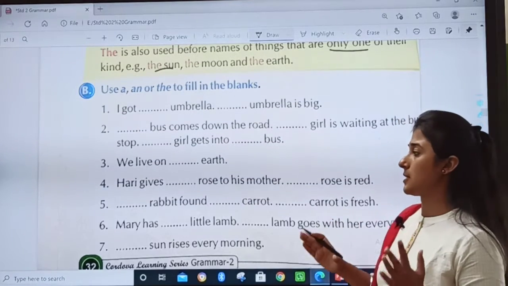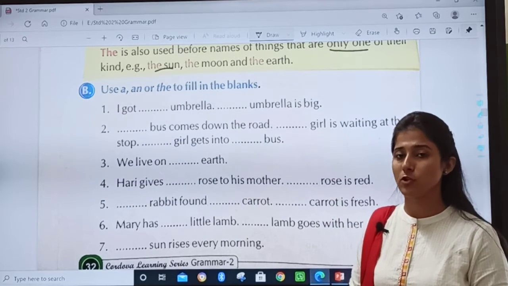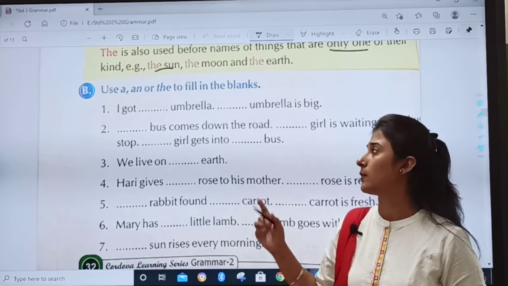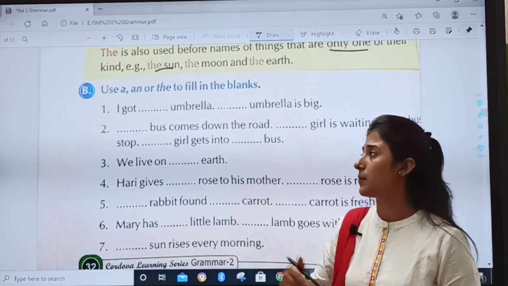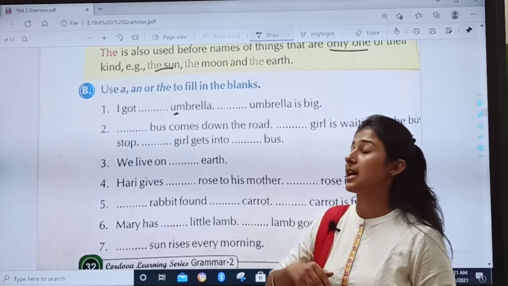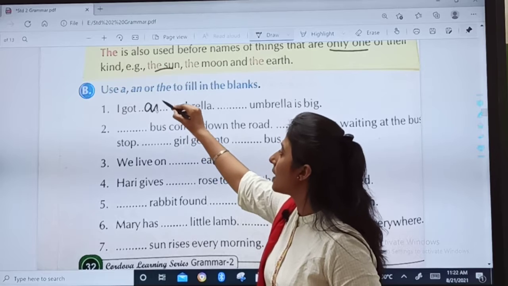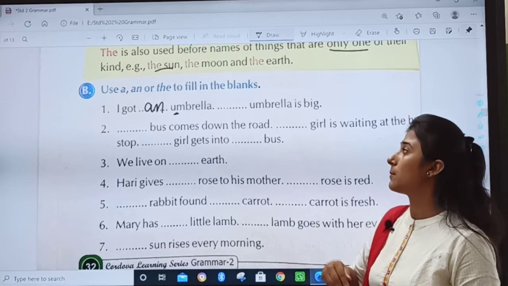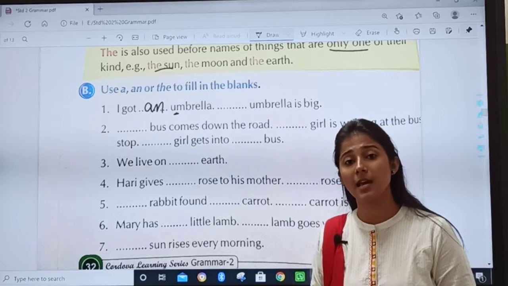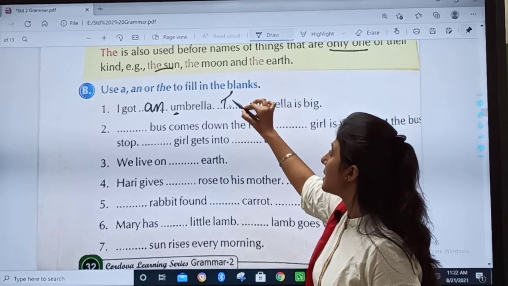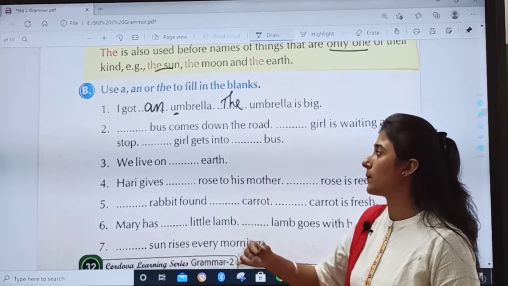So now on the basis of this explanation you have to solve this. I got dash umbrella. We are talking the first time about umbrella, and umbrella starts with a vowel. I got an umbrella. Dash umbrella is big. Second time we are talking about umbrella. The umbrella is big. Okay.